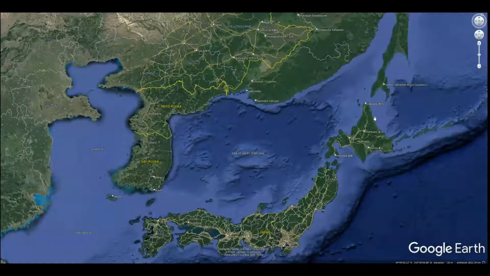Now we are looking at Google Earth, to have another point of view on this mega project linking Japan and South Korea.